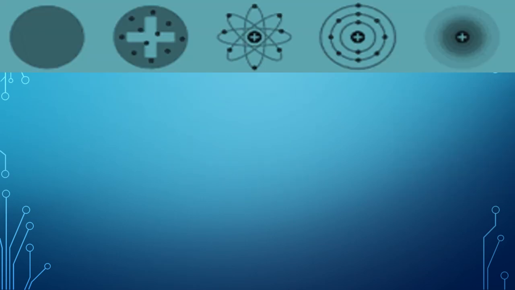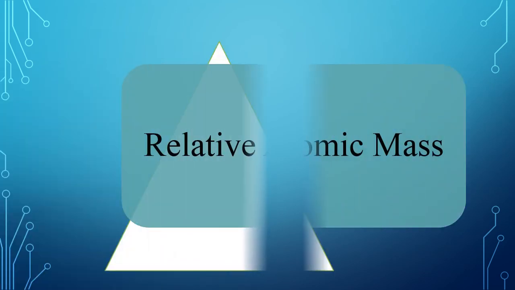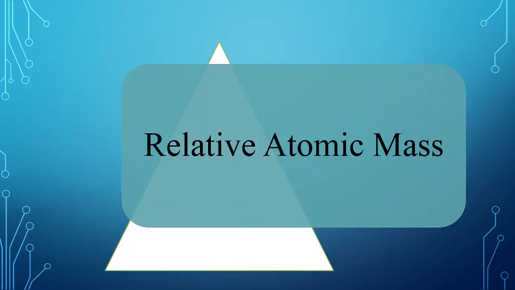At the beginning of the discovery of atoms, it was needed to know the masses of the discovered atoms, and there was no sophisticated instrument through which the exact masses of those atoms could be calculated. So the scientists found relative masses of atoms.